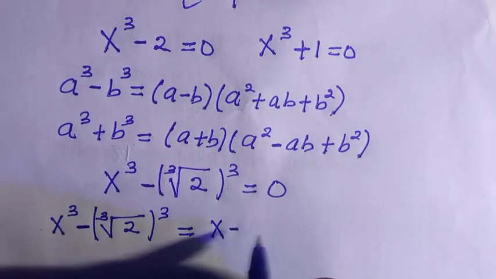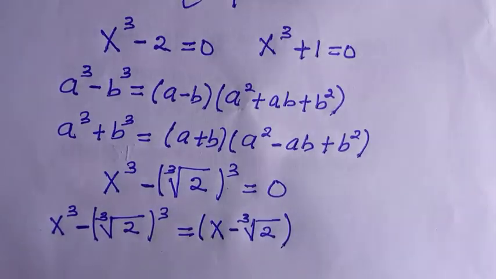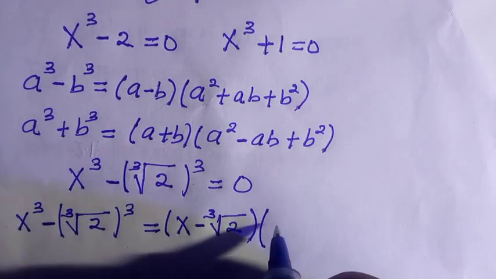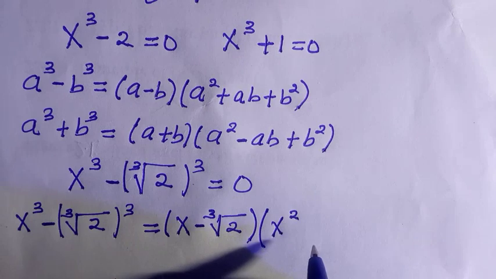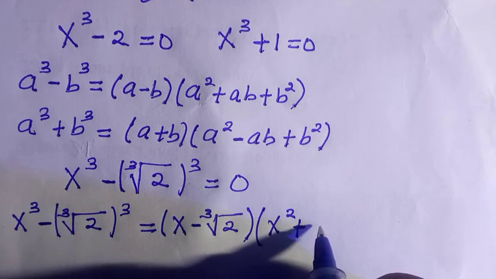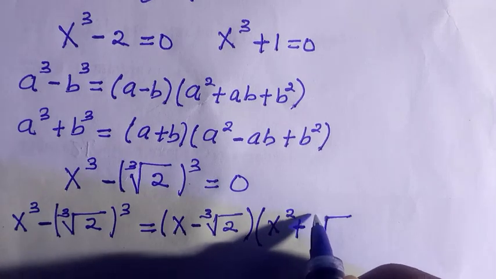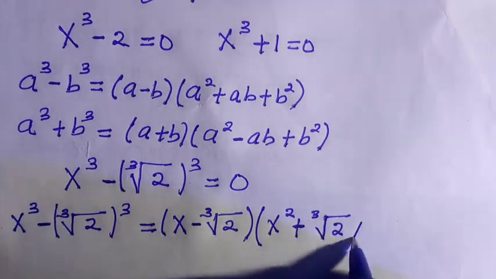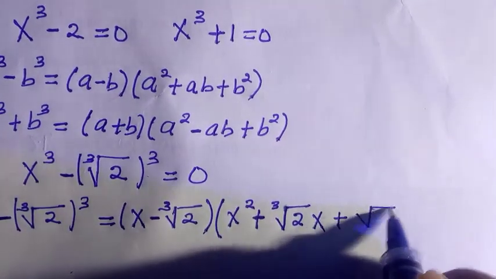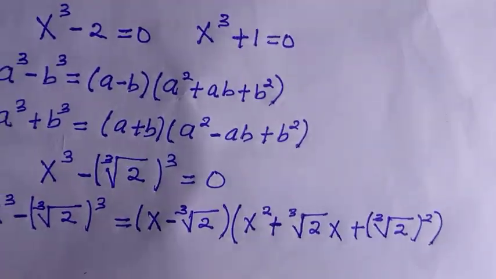So we have x minus cube root of 2, bracket, the second one is x raised to power 2 plus, we have a and b, so everything turns to the cube root of 2x plus the last one, cube root of 2 all raised to power of 2, and bracket everything.